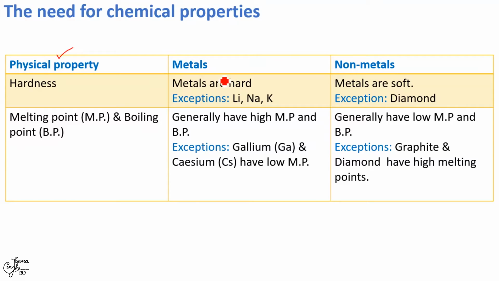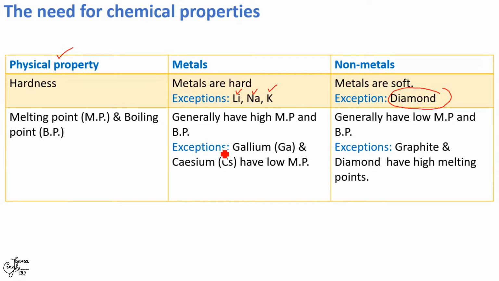For instance, we say metals are hard, whereas non-metals are soft. But metals such as lithium, sodium, and potassium are so soft that they can be easily cut with a knife. Whereas diamond, an allotrope of carbon, which is a non-metal, is the hardest known natural substance.